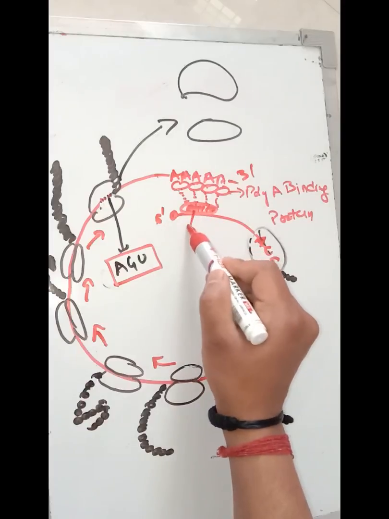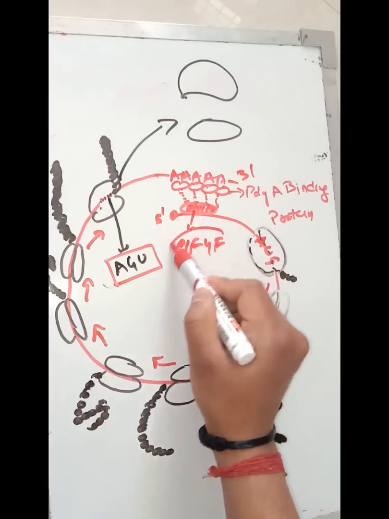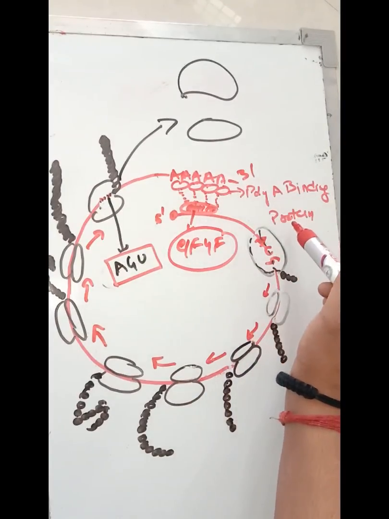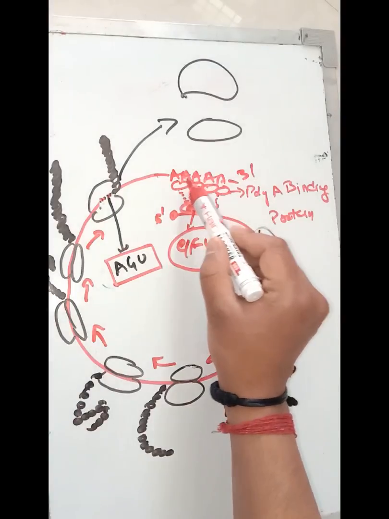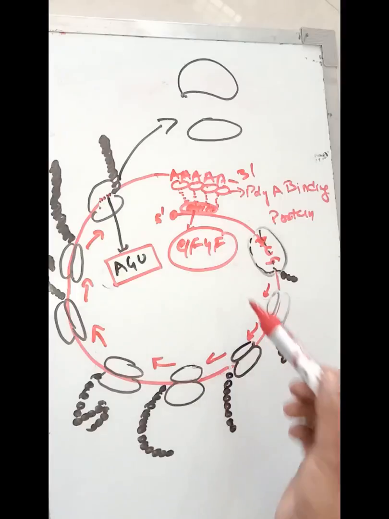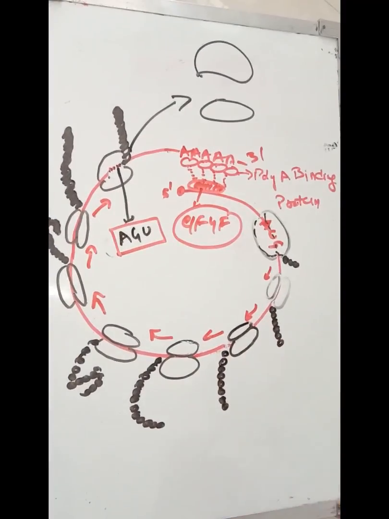So this EIF4F will bind to the poly A binding protein present on the poly A tail to get circularized, and it is suggested that this increases the efficiency of the translation process.